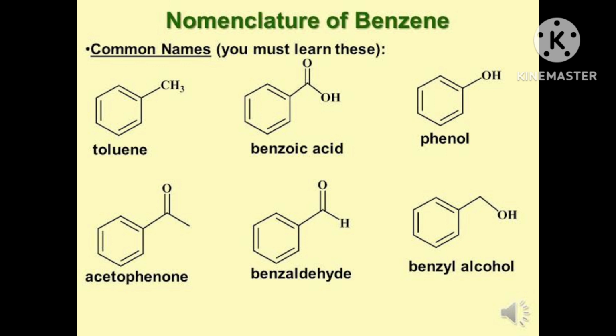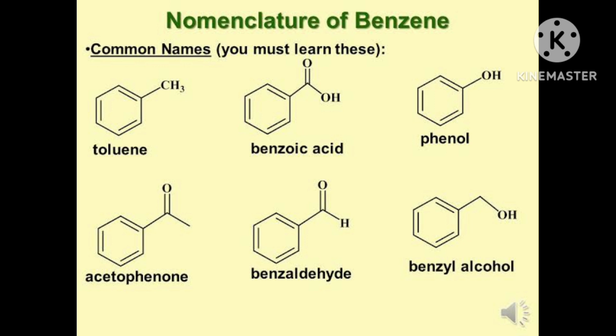Then 1-chloro, dash, and carbon number 2 and carbon number 4. Carbon number 1 is chloro, carbon number 2 is NO2, third is nothing, carbon number 4 is again NO2.